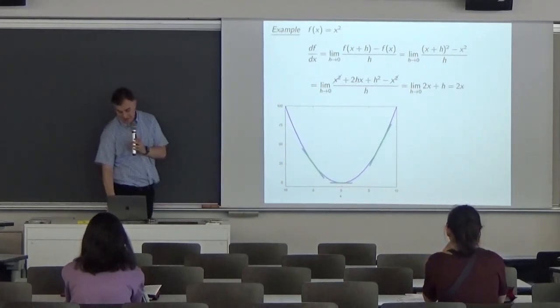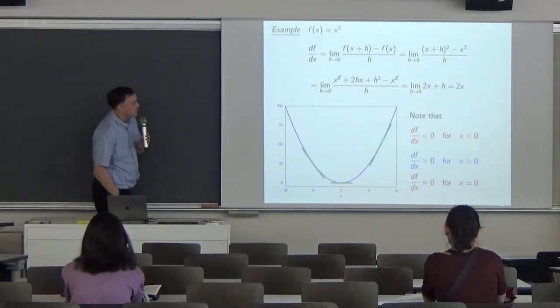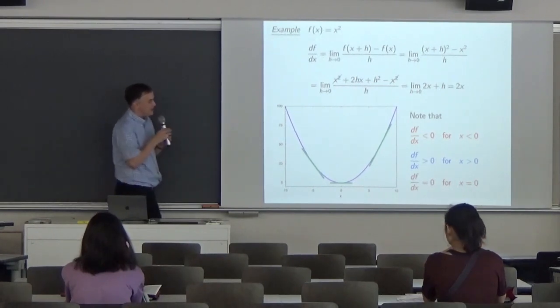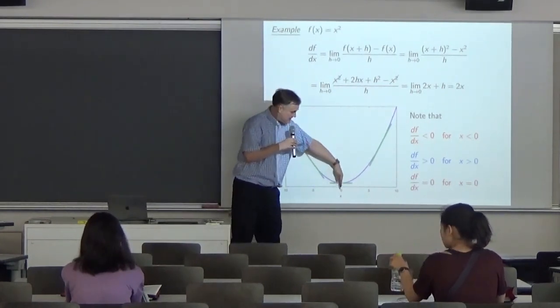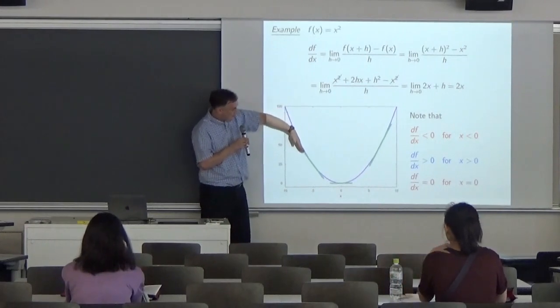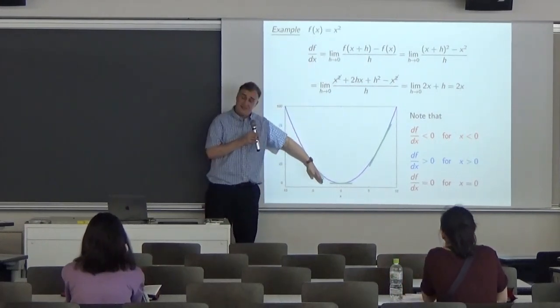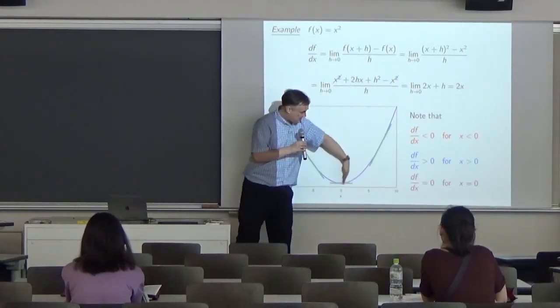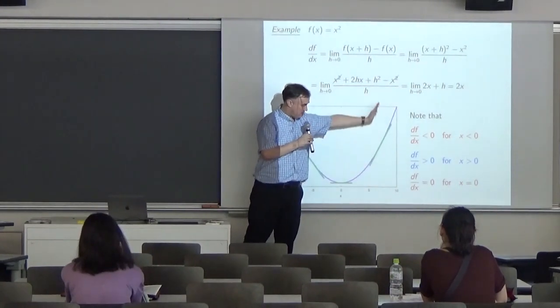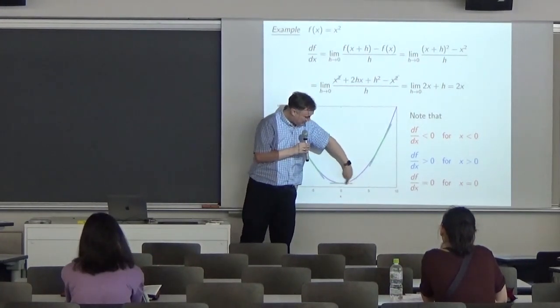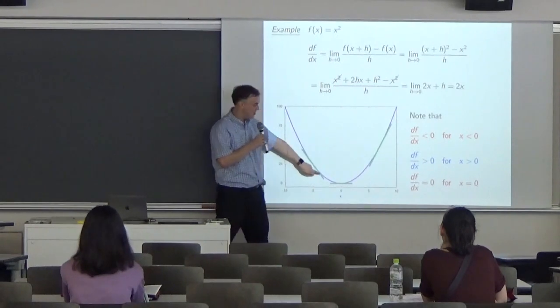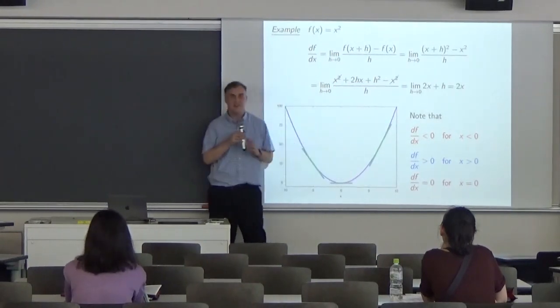So it does seem to work as a process. What I notice is that for values of x which are negative, the slope of this straight line will be a negative value. On the positive side, it will be a positive slope. And when I go through 0, it'll actually have 0 slope. So as I pass through this minimum, I'll get a 0 slope calculation.